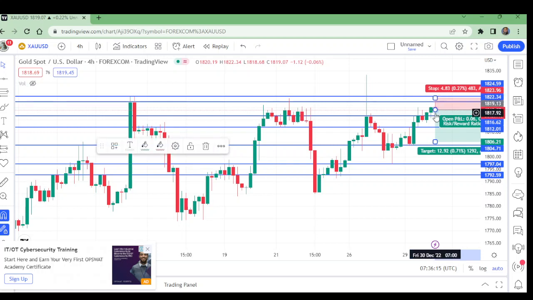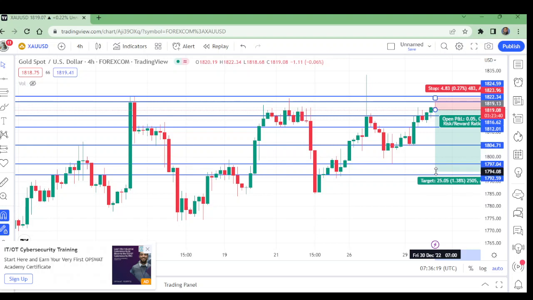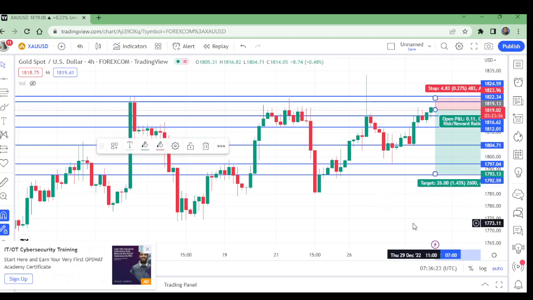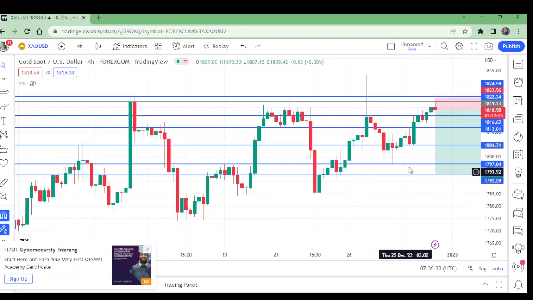This is the stop loss, this is the entry, and all the lines that are here are take profits. I don't think that it will go downward beyond this. So this is the last TP. There are 1, 2, 3, 4, 5 TPs.